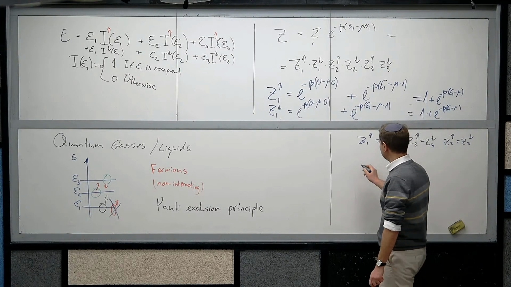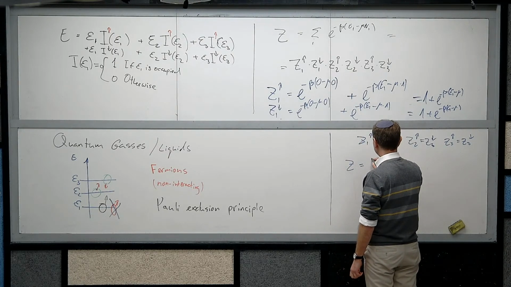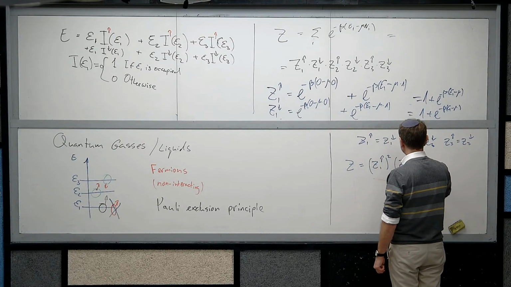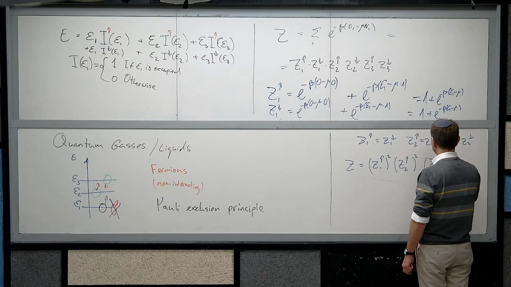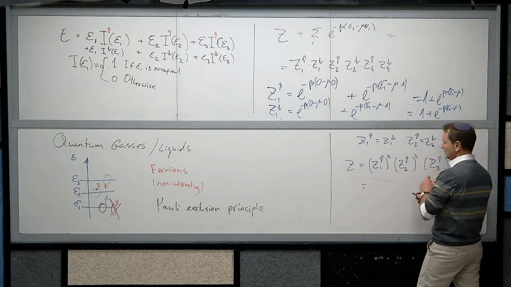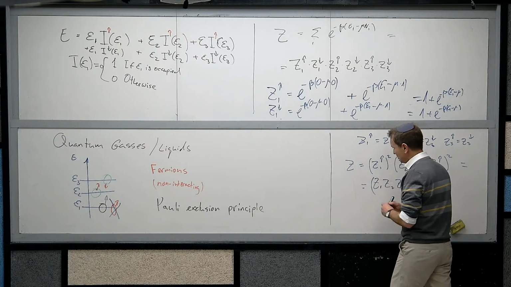So in total, z is z1 up to the power 2, z2 up to the power 2, z3 up to the power 2, or we can forget about up or down. We have z1, z2, and z3 to the power 2.